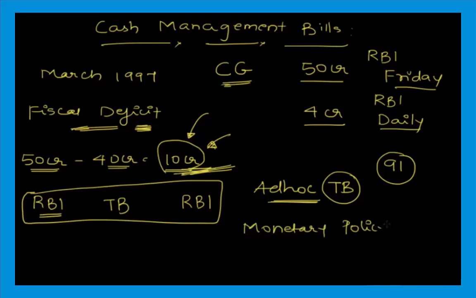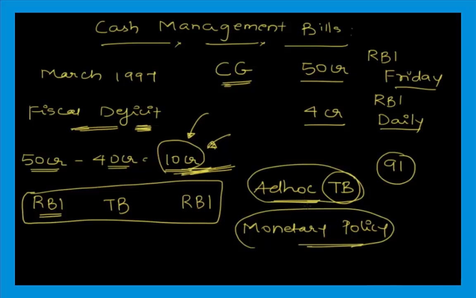But because of the fiscal deficit increasing, they were not able to use that money for monetary policy, as they were all getting involved in the ad hoc treasury bill issuance, and hence in April 1997, this ad hoc treasury bill was scrapped.